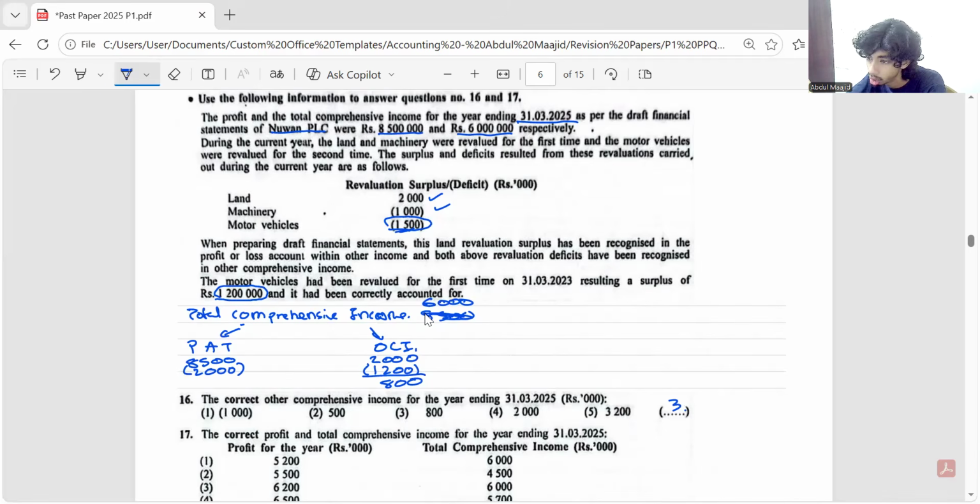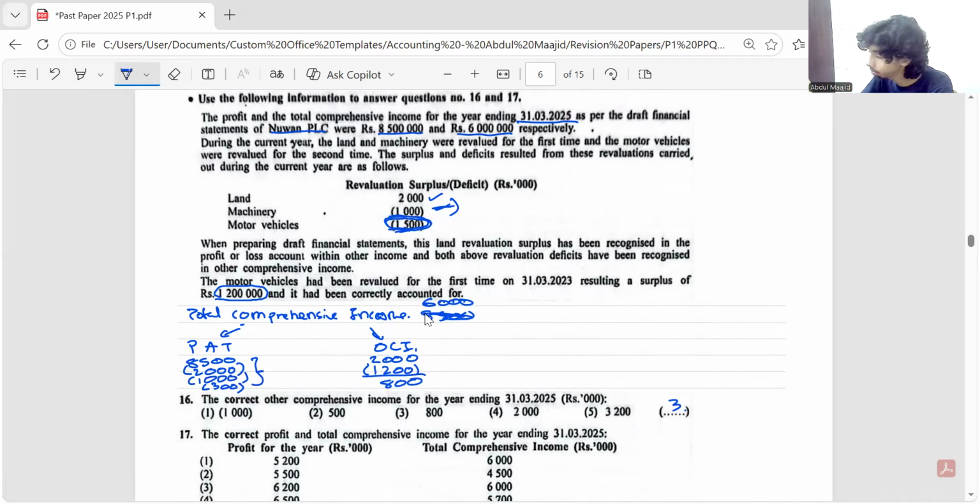And then both the deficit has been recognized as other comprehensive income. Now the machinery first time deficit should be deducted under other expense, right? Here minus 1,000. And then out of this year's deficit of 1,500, we set off 1,200 in OCI. The remaining 300 deficit should be deducted under other expense.